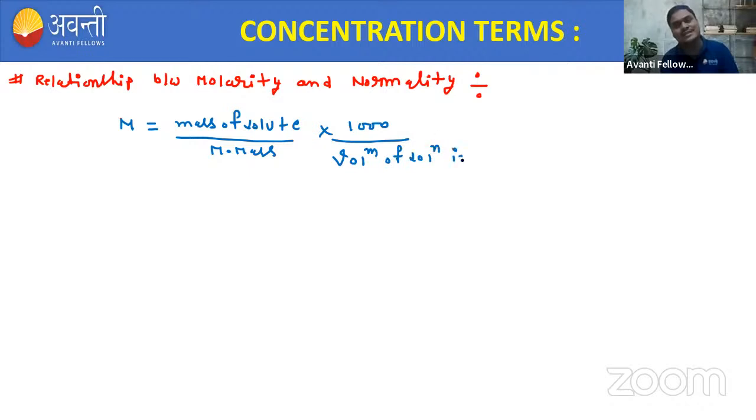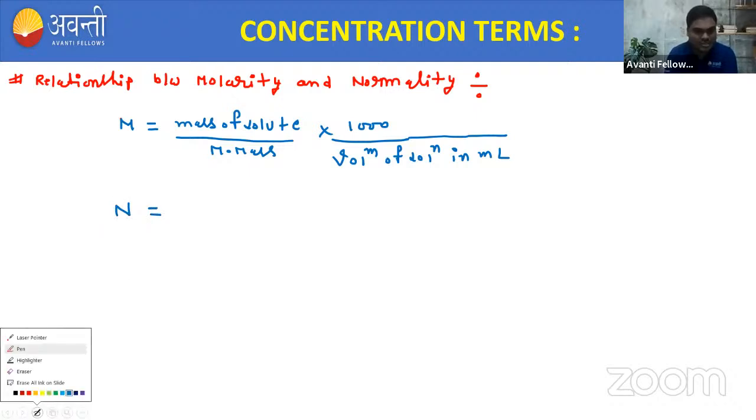Volume of solution in ml, because we are already taking 1000 above, right? So volume of the solution in ml. Now, what is normality? Can anyone tell? We have just studied about normality.